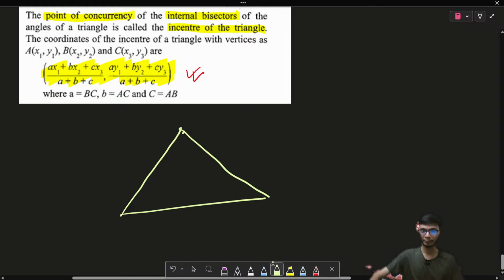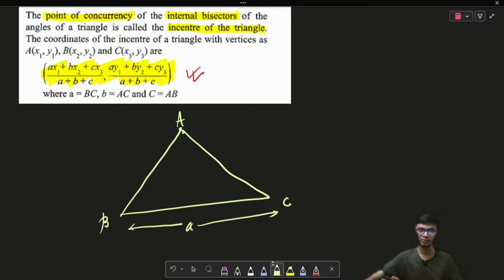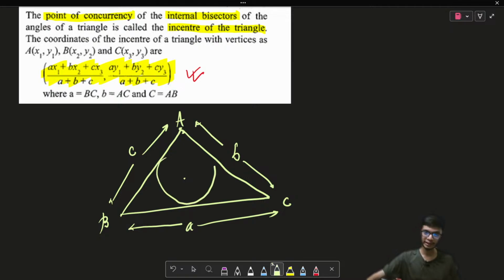This is my triangle A, B and C. Now the side opposite to vertex A is given by the length a, so the side length of BC is a. The side length of AC would be b because that is opposite to the vertex B, and the side length of AB will be c. Now the in-center is the center of the in-circle that is inscribed inside the triangle.